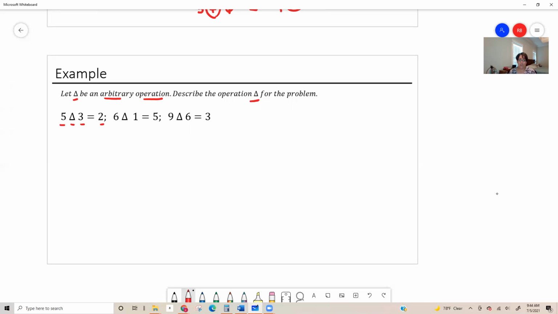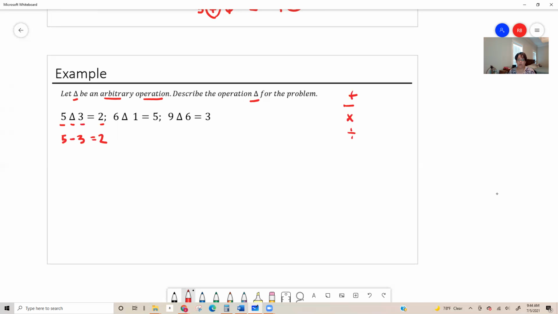Well, I know that it has to be a mathematical operation. Like it has to be either plus, minus, multiply or divide. So it has to be one of those. All right, so I'm trying to figure out which one it is. I have 5 triangle 3 is equal to 2. Well, I know that 5 minus 3 is equal to 2. Okay, so let's see now.